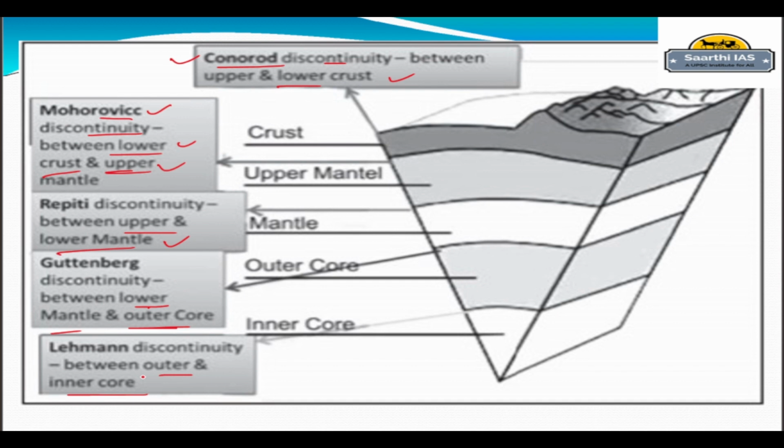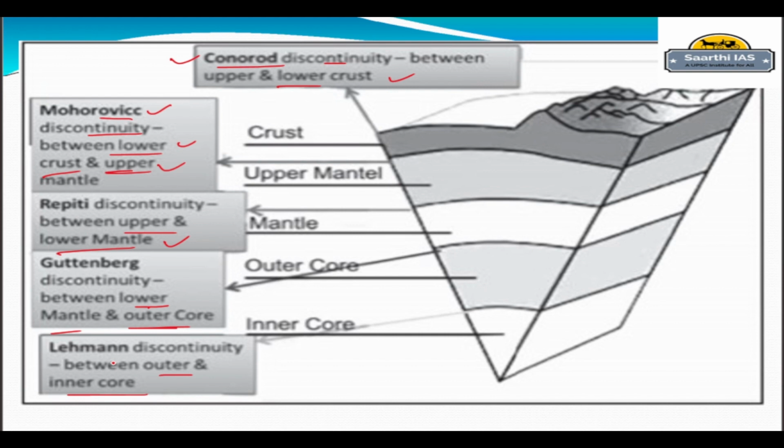So these are the different kinds of discontinuities found as we go deeper down into the interior of the Earth, formed between the different layers. First is the Conrad discontinuity, second is the Mohorovičić discontinuity, third is the Repetti discontinuity, then the Gutenberg discontinuity, and the Lehmann discontinuity.